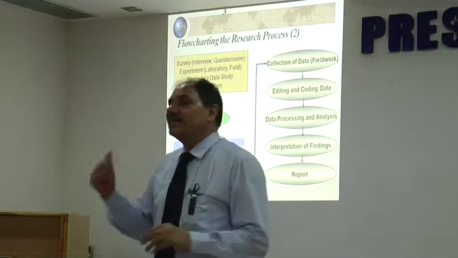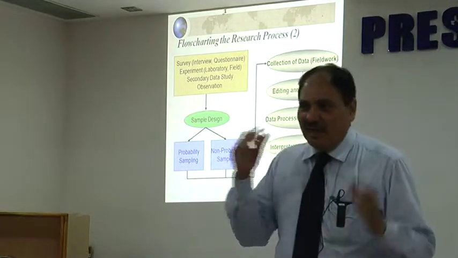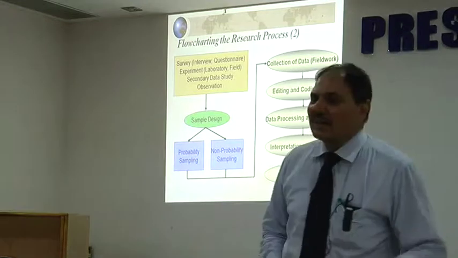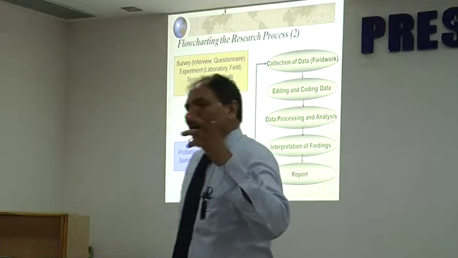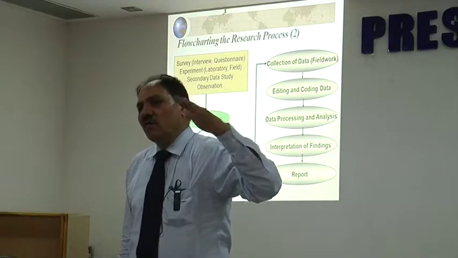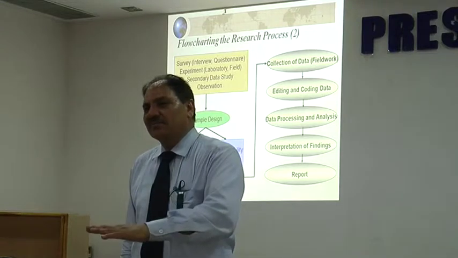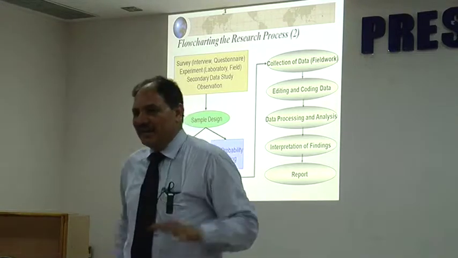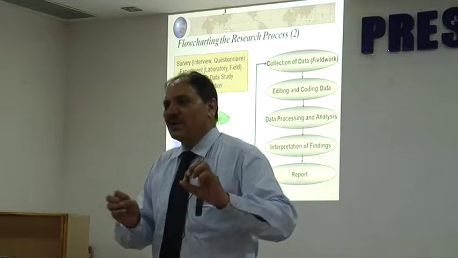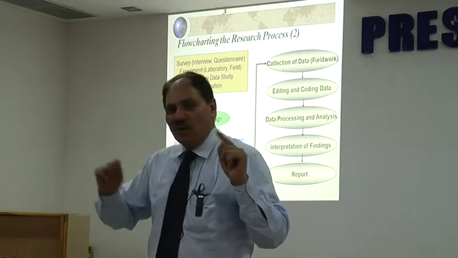Alright, same is the case with ordinal scales, where you are having say a 5-point ordinal scale: most often, average number of times, rarely or very rarely. You are observing something, and again you start giving codes to them.